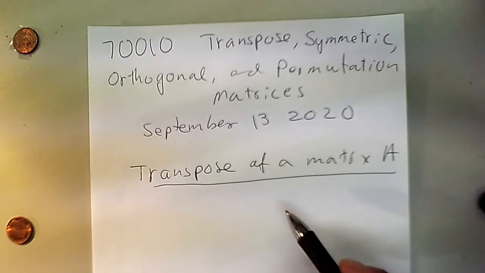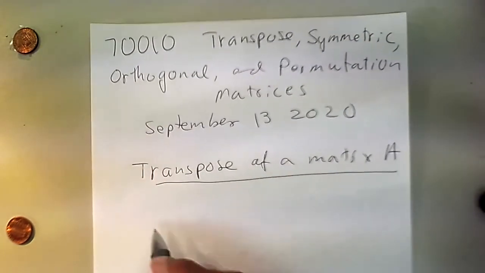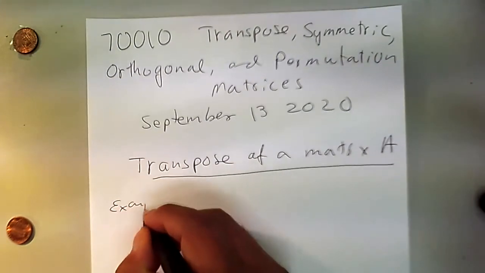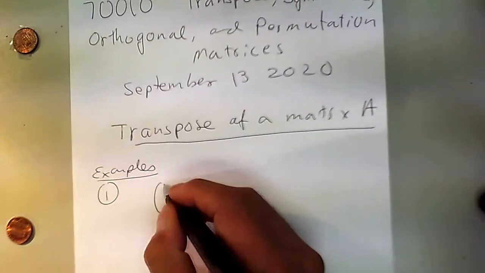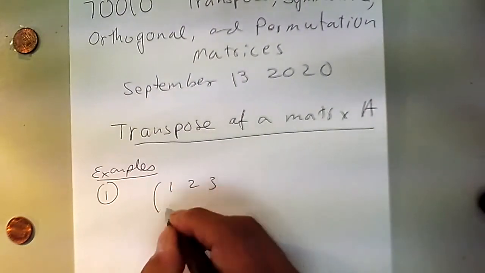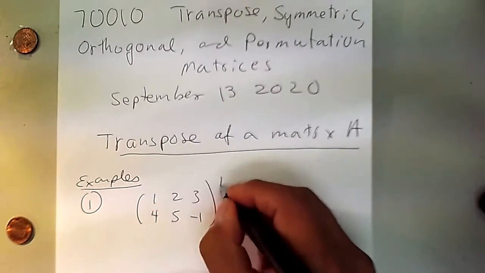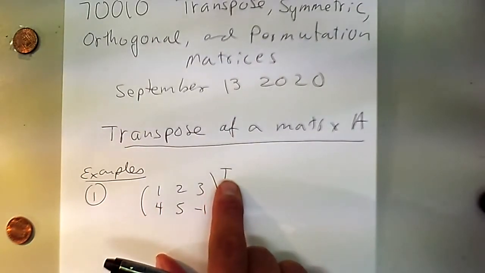column and every column becomes a row in the same order. It's easier to show you with examples. So if we have 1, 2, 3, 4, 5, -1, and we put the transpose, this is the symbol we're going to use for transpose, a T as an exponent.